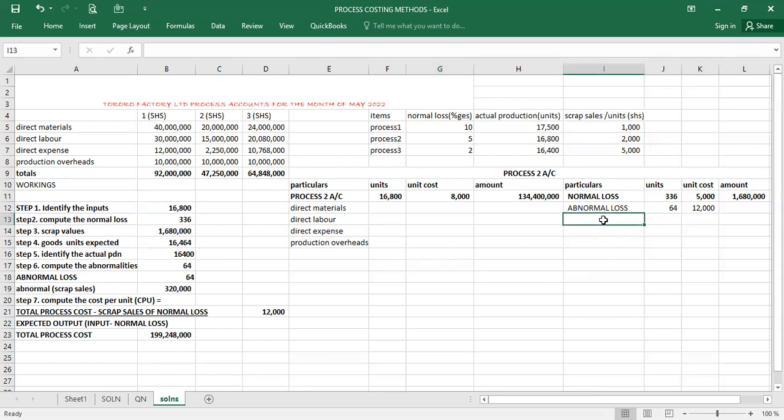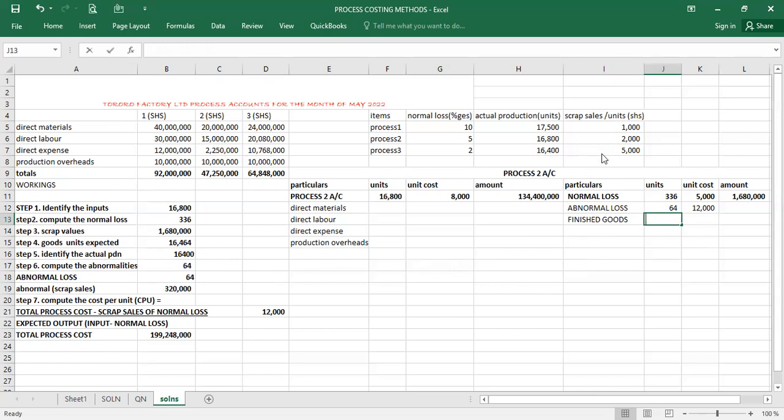Then we have what we'll call, now this one, since it is the last process, it will be called finished goods, or you can call it stock. And what did we finish with?